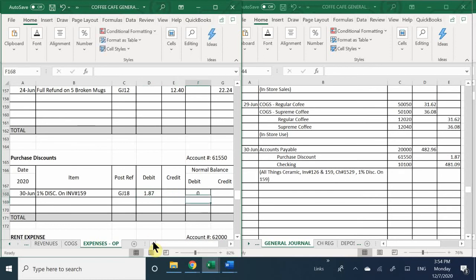Correct? Yeah. All right. And that's general journal 18. And that is the credit column of $1.87.